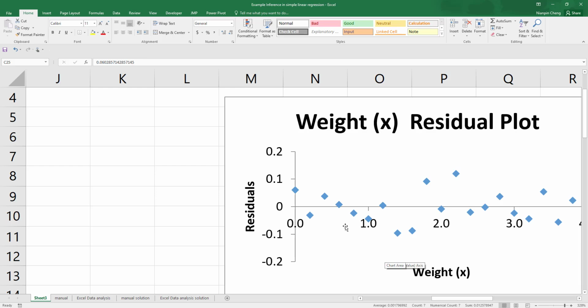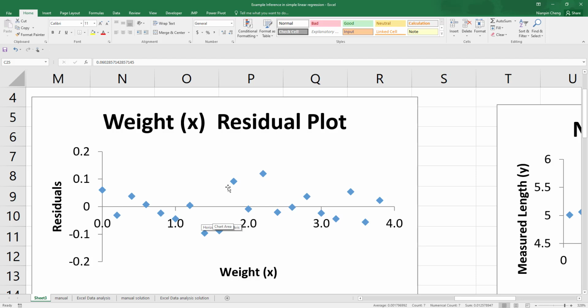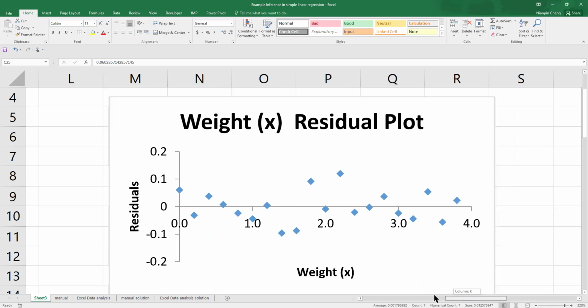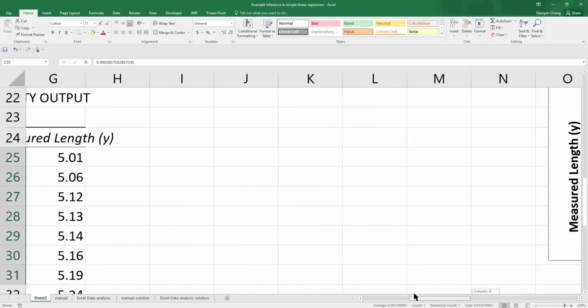This one shows the residual versus the weight x, and there's no pattern here. If there is a pattern, that means there are some other factors involved that your model cannot explain. Here it just shows the least square line, and the blue ones are the empirical data, your sample data. So it looks matched well.